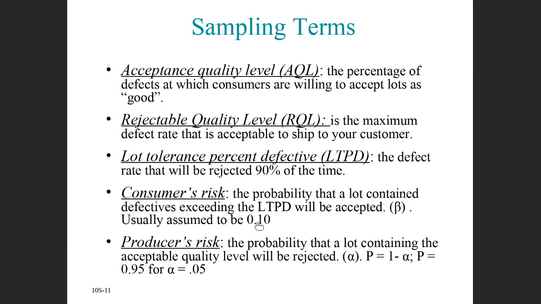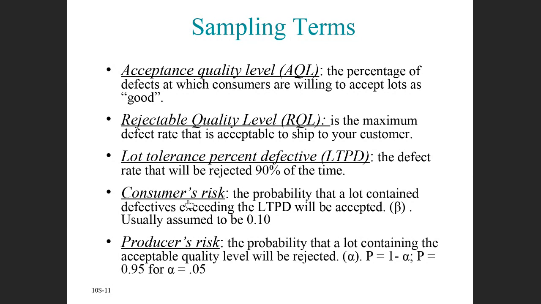And why do we refer to it as consumer risk? Because the consumer suffers if you have a lot that is bad and it is accepted, and that lot has defective items.